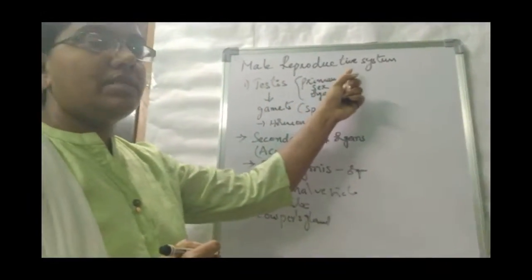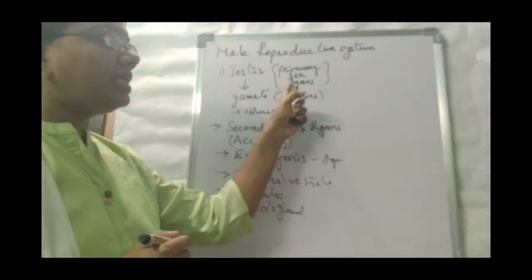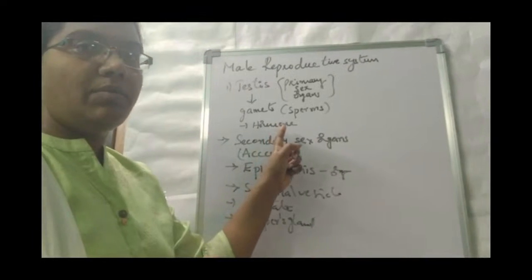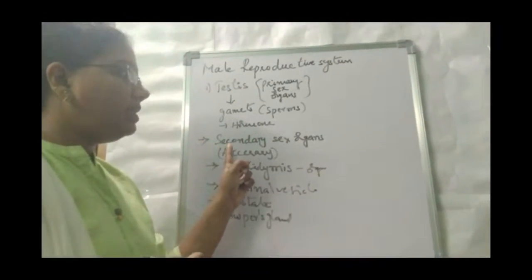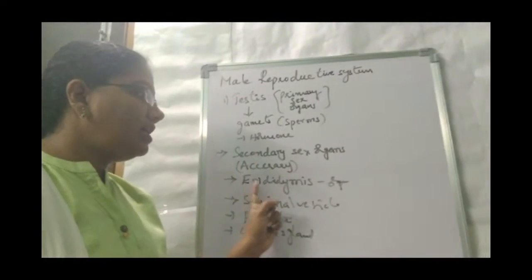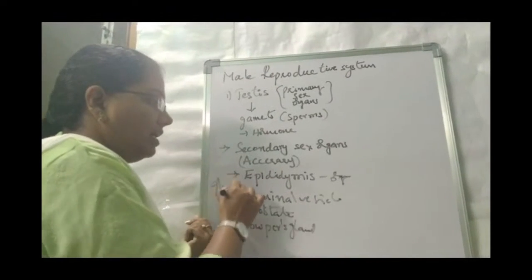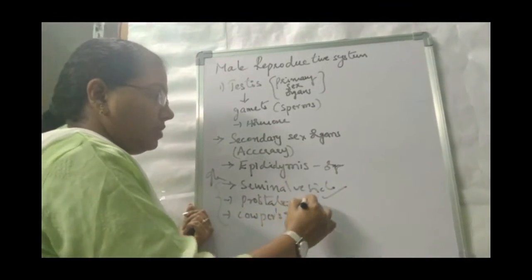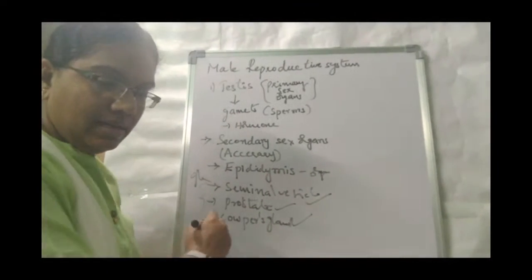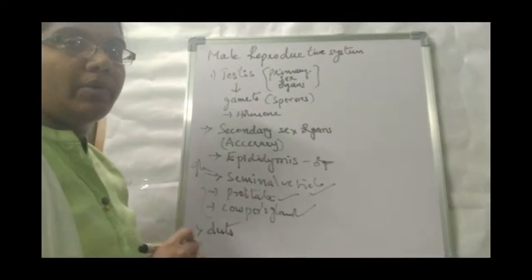In the male reproductive system, a pair of testes are called primary sex organs. They are involved in the production of gametes and the release of some reproductive hormones. The second is the secondary sex organs, like the epididymis and some glands. These glands are the seminal vesicles, prostate gland and Cowper's glands. Some ducts also play an important role in the reproductive process.